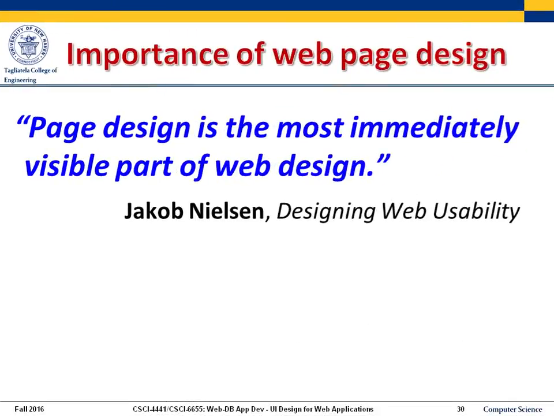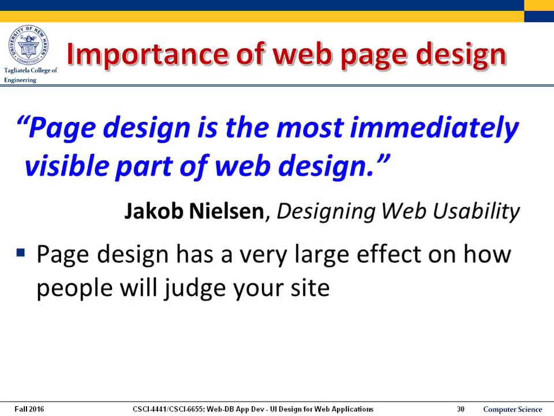So, one or two more things. From a web app point of view, page design, the layout, the content structure, all of that is obviously the most immediate part. You could have the greatest back-end, server-side JavaScript stuff in the world, but it could be totally unusable, okay, because you don't present it properly.